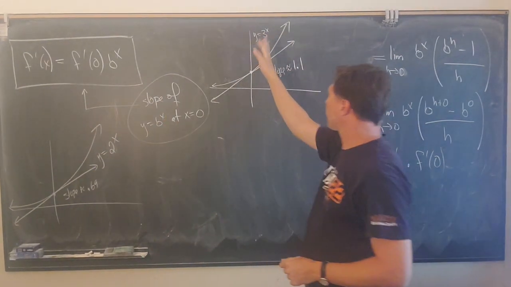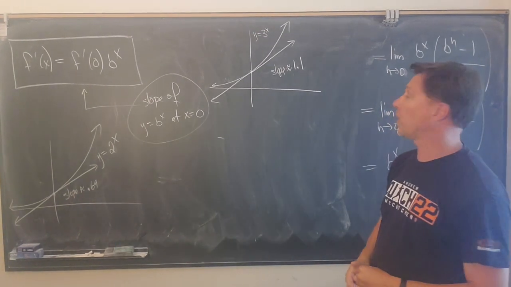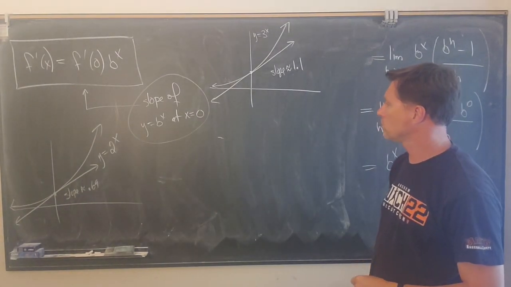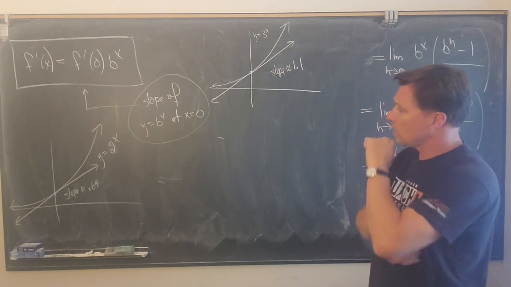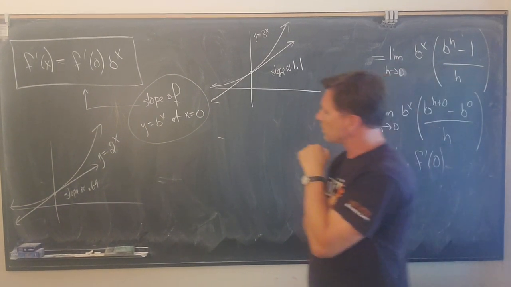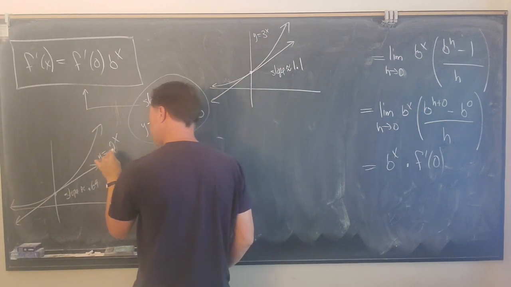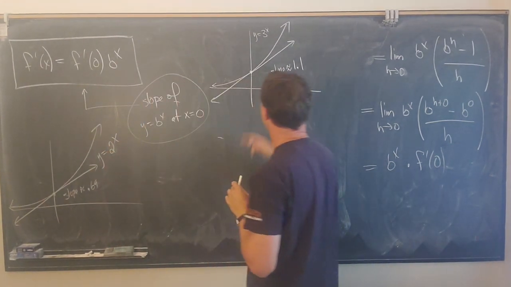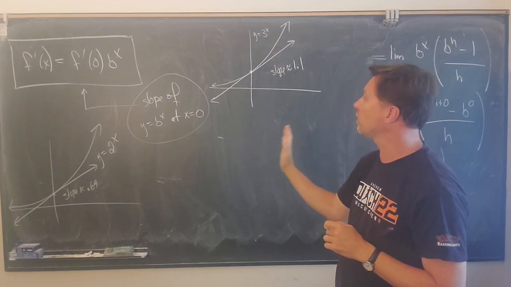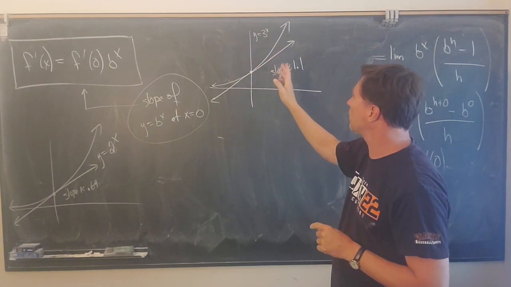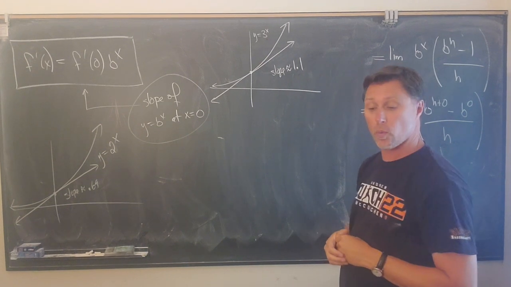It gets a little steeper when b equals 3, we get 1.1. So as we look at choices of b, starting at 2 and going to 3, it starts at 0.69, it increases. This slope right here keeps increasing. By the time you get to 3, you're at 1.1.